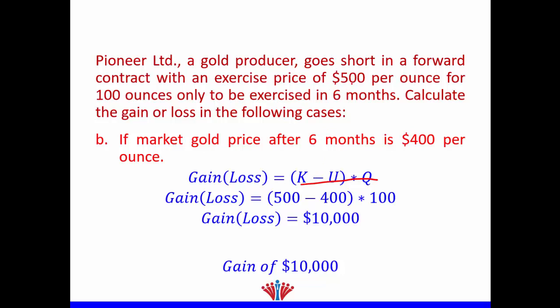So what's our contract price? 500 minus our market price, underlying price, 400. So 500 minus 400 will give us 100. So in this scenario, we will make a gain of $100 per unit. To get total gain or loss, we need to multiply by the quantity. Our quantity is 100, so multiplied by 100, it will give us a gain of $10,000.